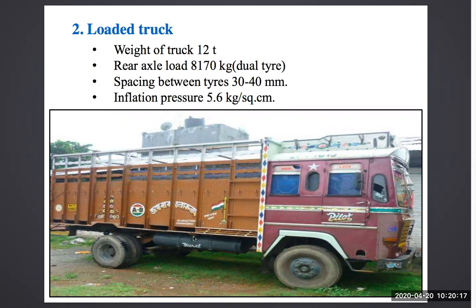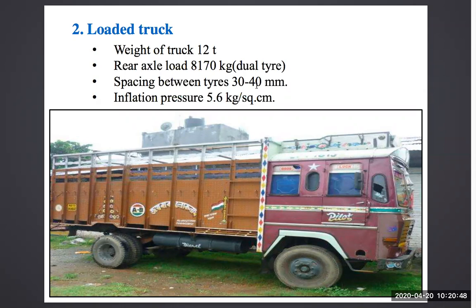This is the standard axle load which is required, and for this assembly, these two tires should have half of this. Half of 170 will be 85. So 4,085 will be the load coming on this part of your dual wheel assembly.